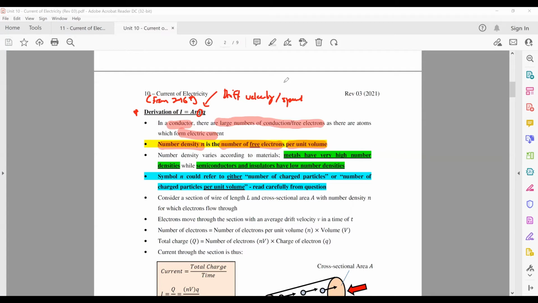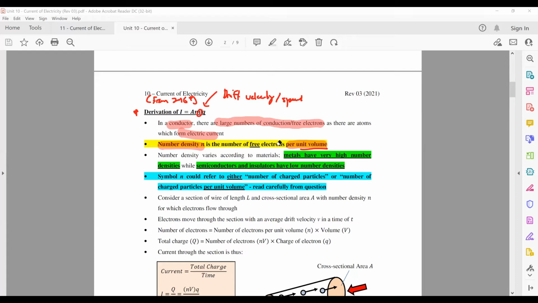When we ask you to define number density, always remember that number density is the number of free electrons per unit volume. If you define number density as just the number of electrons per unit volume, this is not accurate. You always need to write the term free electrons, because when you say number of electrons per unit volume only, the electrons could refer to the fixed electrons orbiting around your nucleus and also the free electrons.